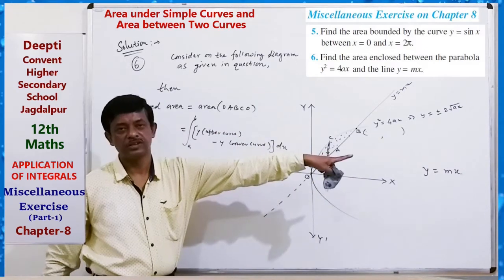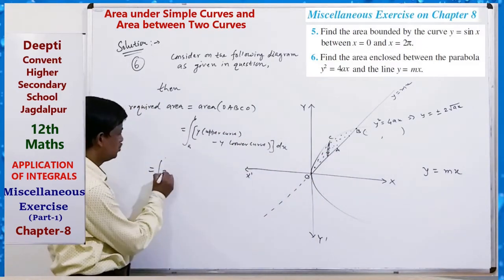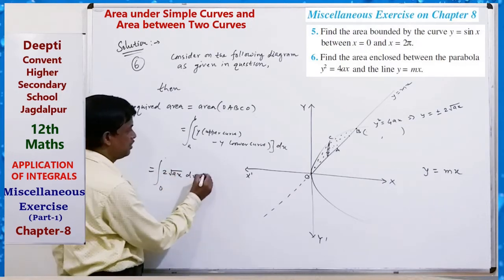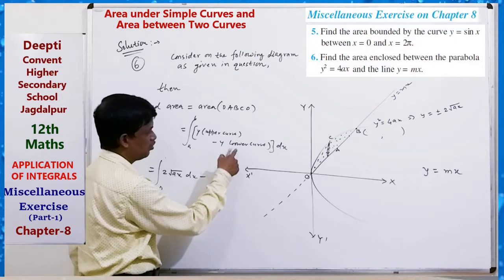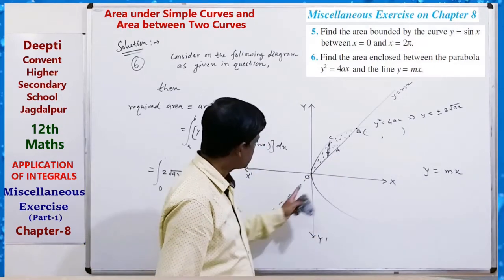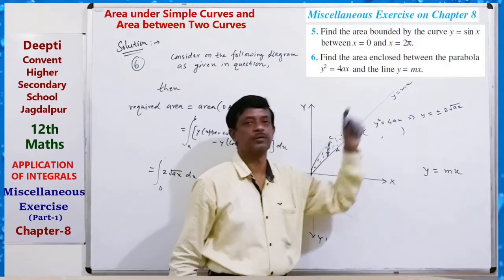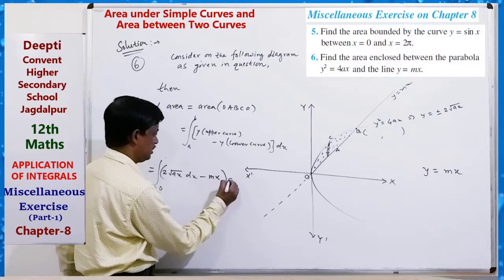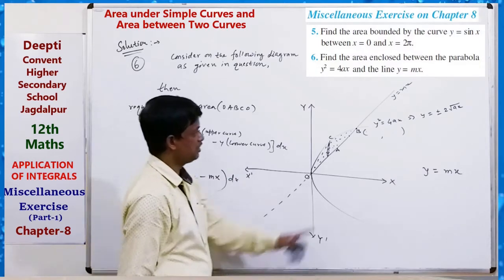This is the upper part, so plus 2 root ax dx minus the lower curve. The lower curve is the line y equals mx. So mx dx.